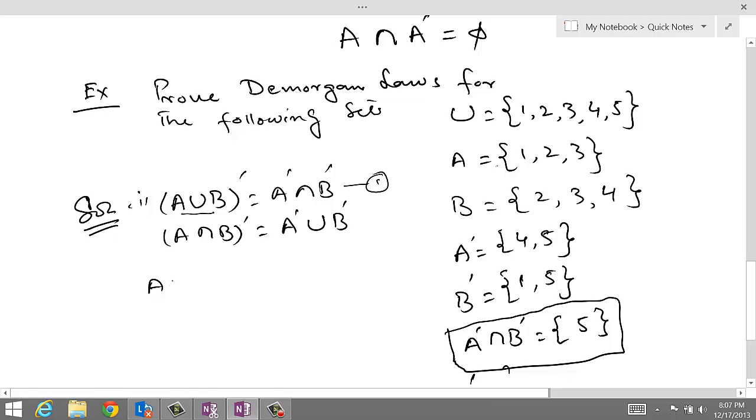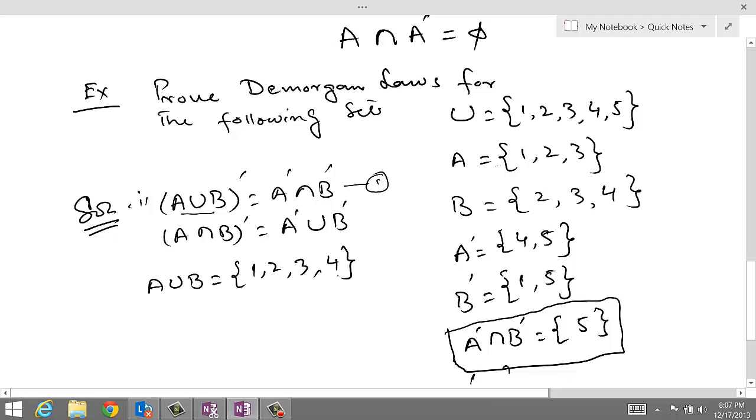So A union B is going to be equal to the set of all those elements which are either in A or in B. So this will make all the elements of A: 1, 2, 3, without repeating elements in B. 2 is repeating, so we are not going to write it. 3 is repeating, we are not going to write it, we already wrote it. And then 4.